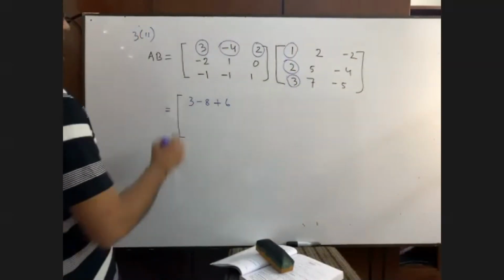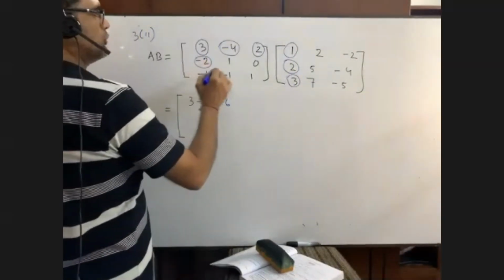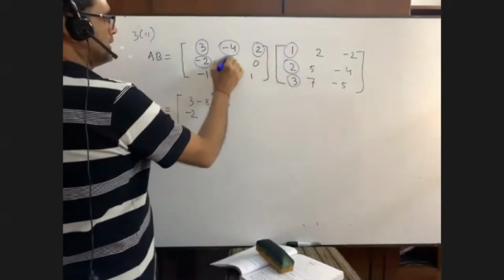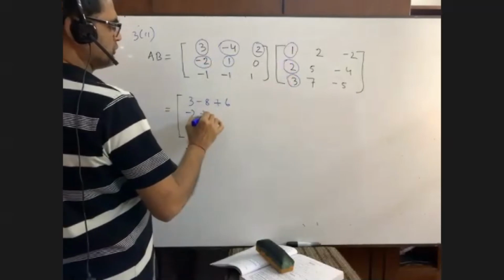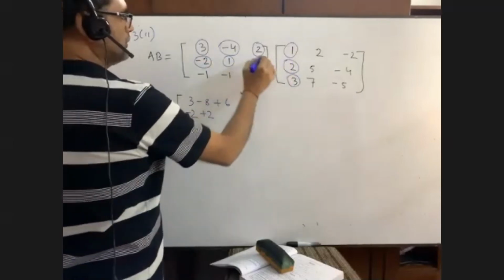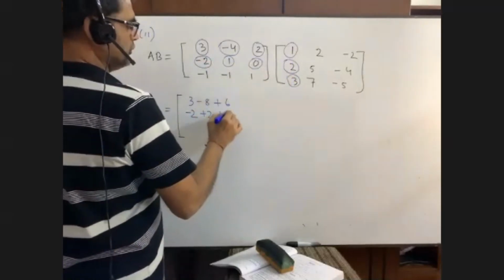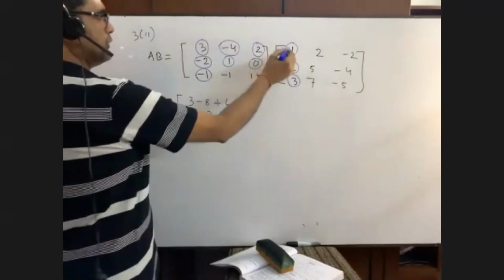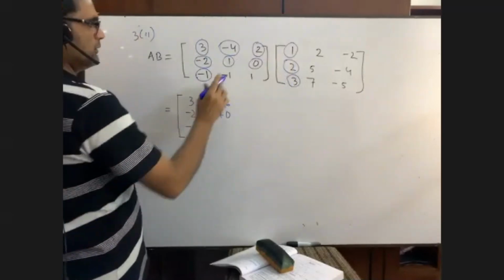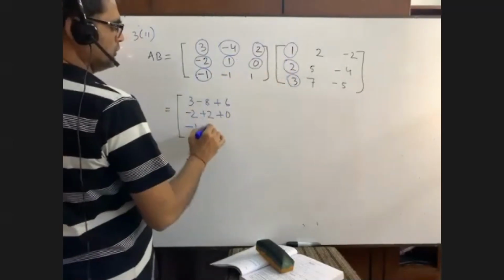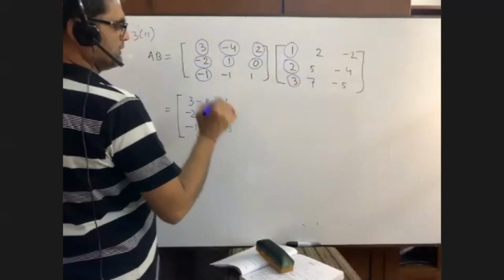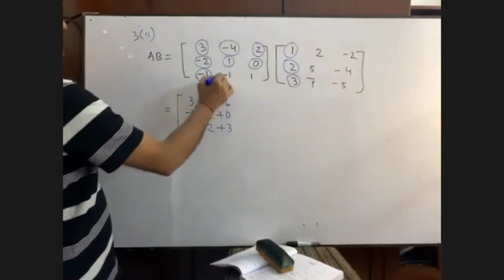Now you multiply this minus 2 into 1, that is minus 2. 1 into 2, that is plus 2. 0 into 3, that is 0. You again multiply minus 1 into 1, minus 1. Minus 1 into 2, minus 2. 1 into 3, that is plus 3. So the first column is done.